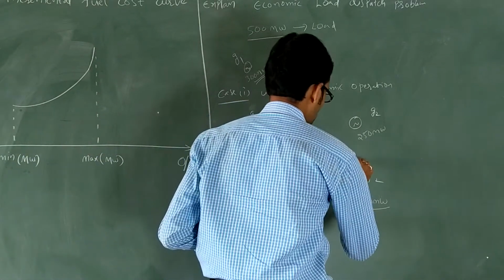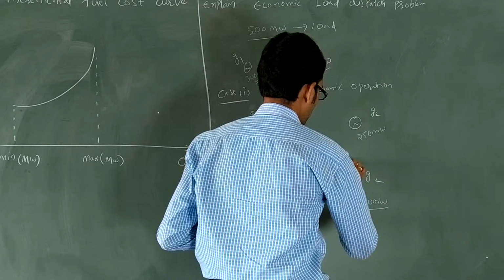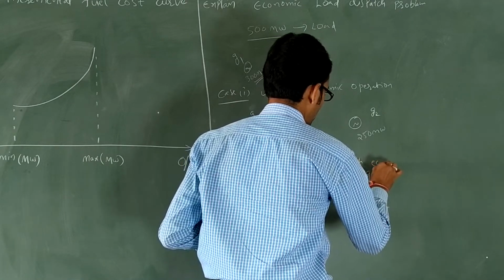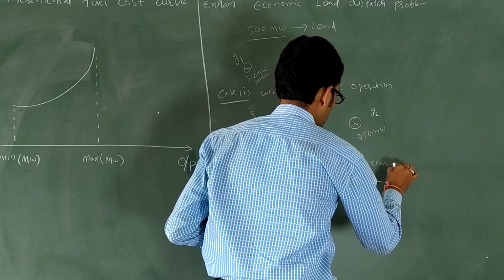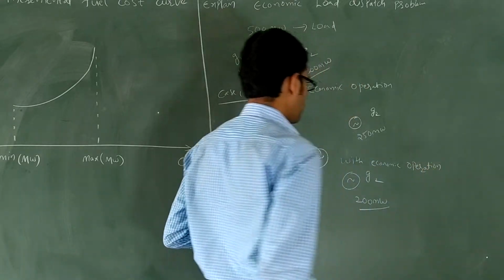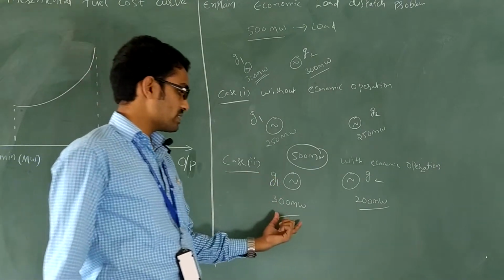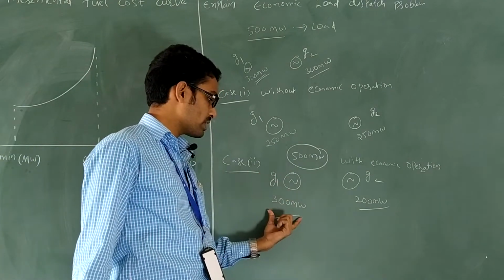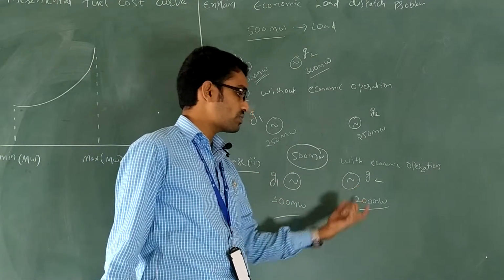So this case 2 is nothing but with economic operation. With economic operation, G1 has 300 megawatts, that is the maximum I am allocating, and G2 has 200 megawatts.